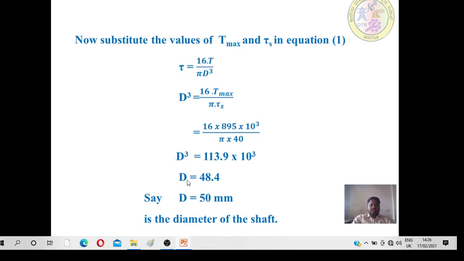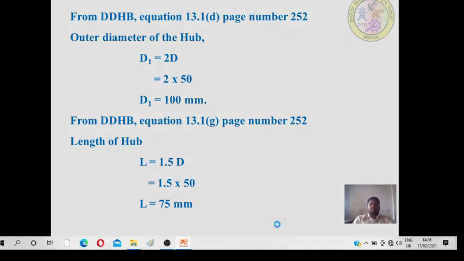To get the value of d, you have to take the cube root of this. If you take the cube root, it comes as 48.4 mm. The next standard size of the diameter is 50 mm. Therefore, we are considering d equal to 50 mm. So it is the diameter of the shaft.